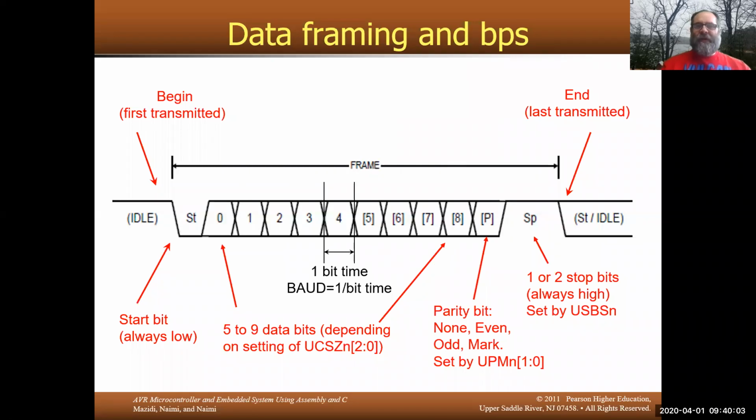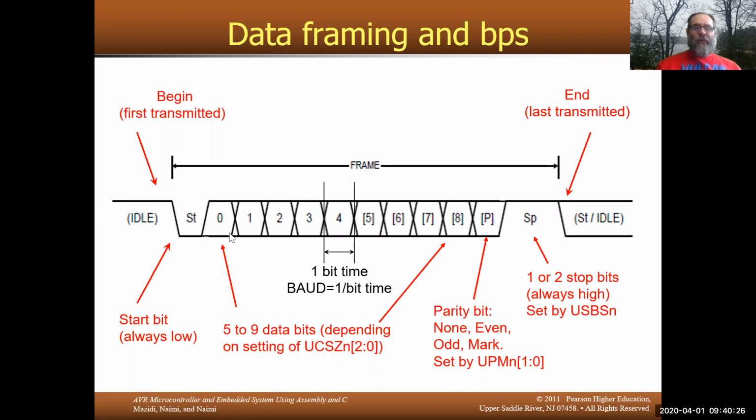If I transmit characters serially and asynchronously, which is the only mechanism that we're going to be looking at with a UART, even though there are lots of other modes it can be used in, normally it will idle in a 1 state. A start bit is always a 0.